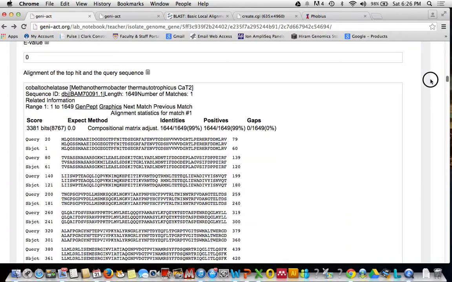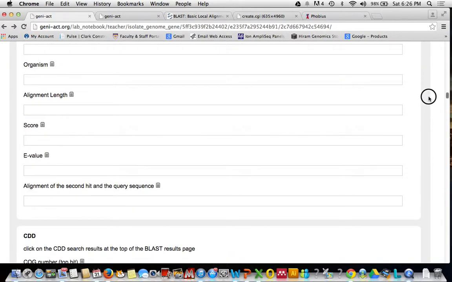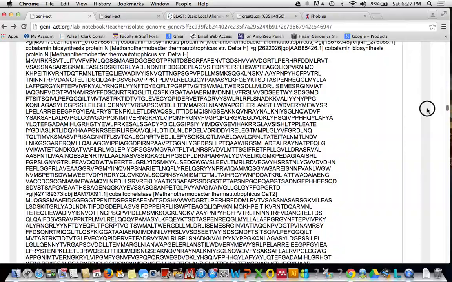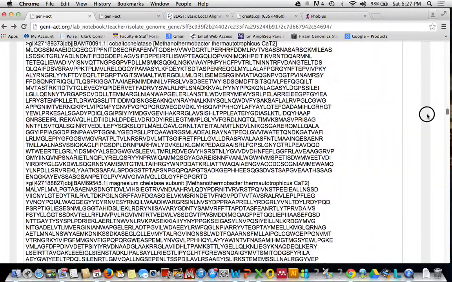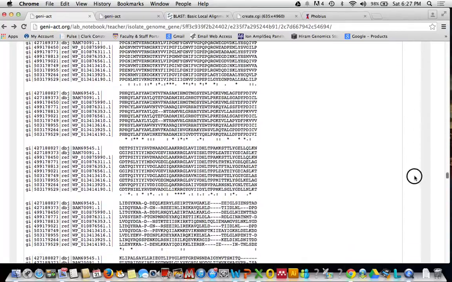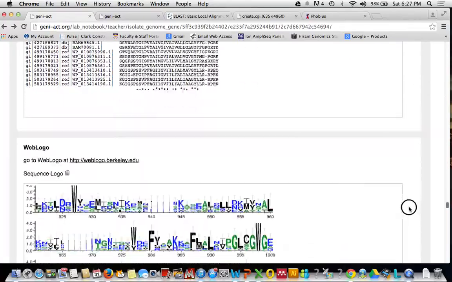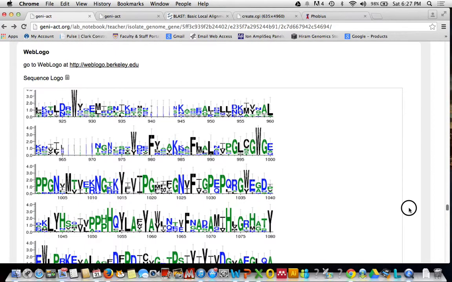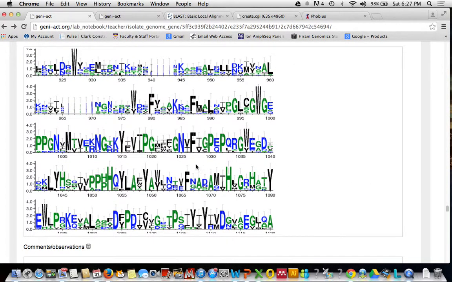We used a BLAST search, and then we used T-Coffee to align our 11 sequences. Finally, we made a web logo, which told us where the conserved regions or conserved domains in our protein were located. The bigger the letter, the higher the conservation among these 11 sequences.